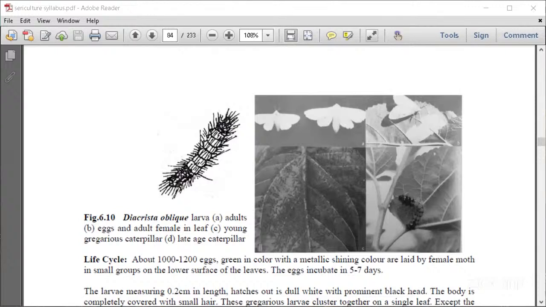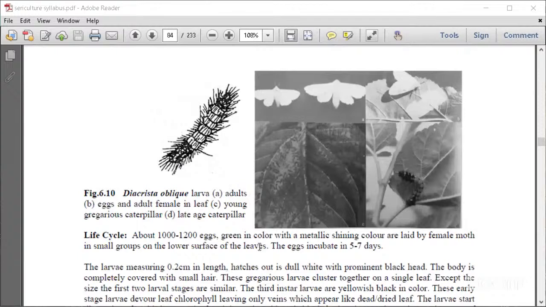We can also spray 0.2 percent DDVP or dimethoate on mulberry leaves, which is effective, and farmers are advised to use the leaves after 17 days of the pesticide spray.